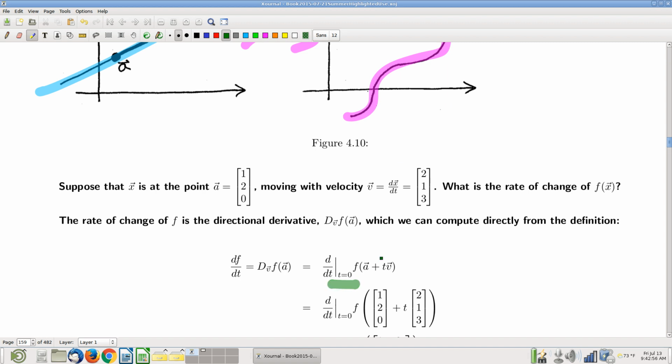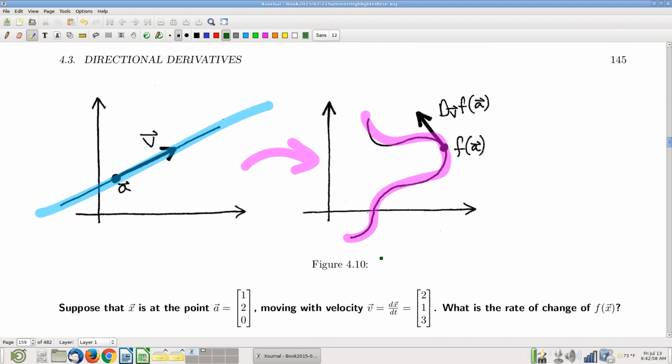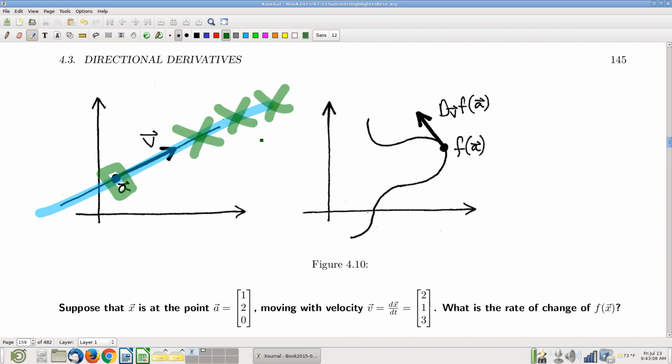Now, we're interested in the moment when t is equal to 0, just remember, because we only constructed this blue parametric curve to describe the fact of there being motion at this point. I don't actually care about these points over here, right? We are considering a scenario where we are at that point, and moving with a certain velocity, thus I need to construct the motion and therefore the curve.